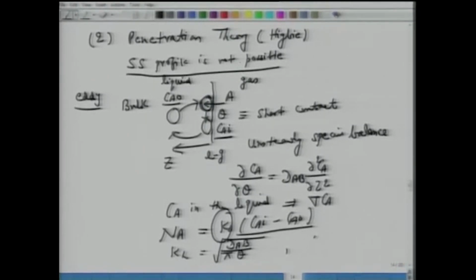So this is the difference from the film theory. Here KL is proportional to the square root of DAB, unlike the film theory, which predicts that the mass transfer coefficient is linearly proportional to the diffusion coefficient. So we had film theory, where we assume that the profile is at steady state, the film is stagnant, and the concentration gradient is linear between the two planes.